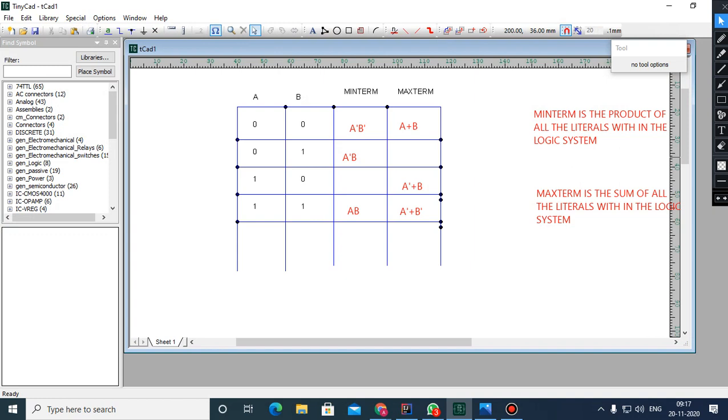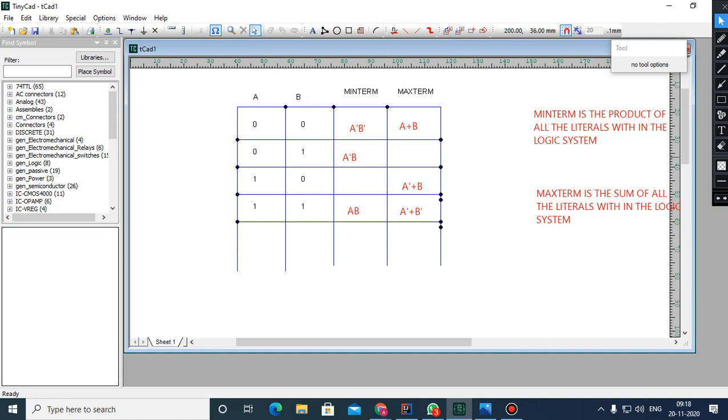Later on you will get to know more about minterm and maxterm, but till now, this is the concept. There is one more thing associated, which is Gray code, that I will tell you later on. But till now, I hope you all have understood how to write minterm and maxterm values.